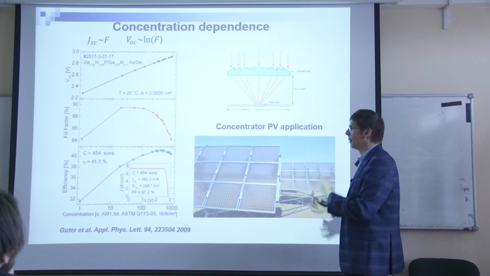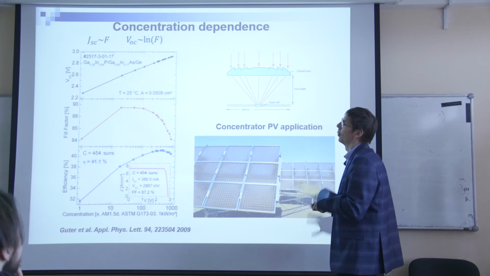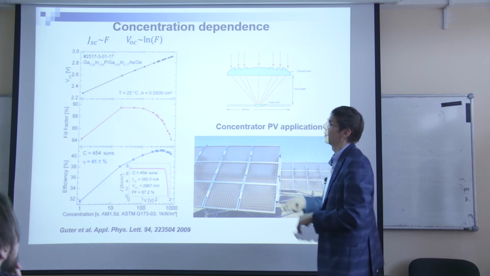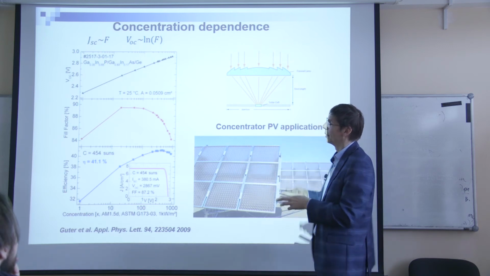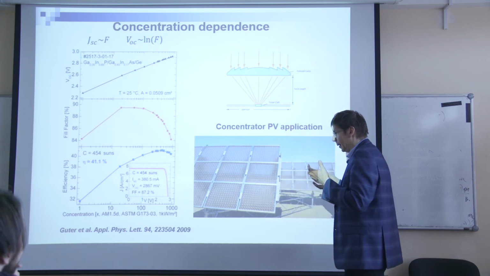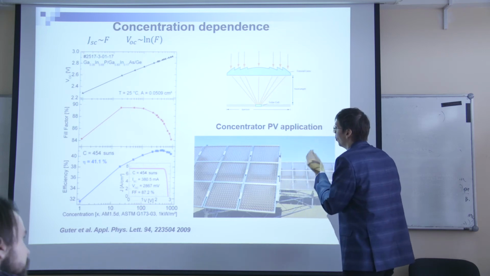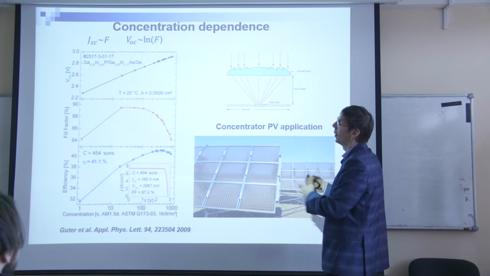It's another thing, because actually people are not interested in the parameters under one sun. They do not want to measure the IV curve at one sun to determine the short circuit current.